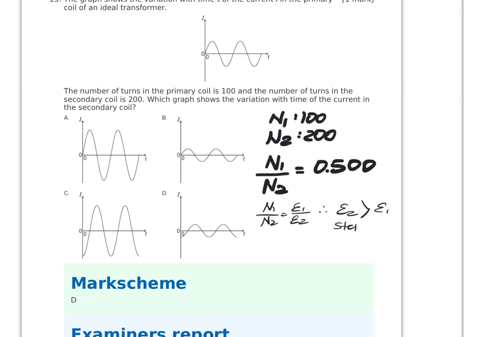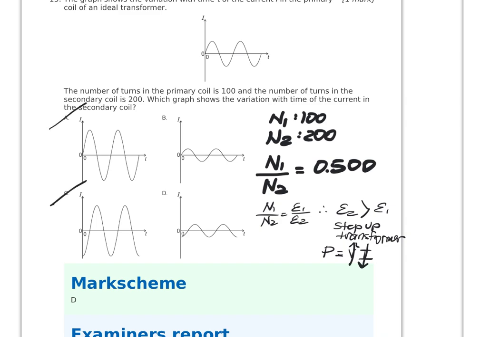This is a step-up transformer. And considering that the power in an ideal transformer will be the same, if I have an increase in voltage, there's going to be a decrease in current. So the current in the secondary coil is not going to be more than the original, so it is not A and it is not C.